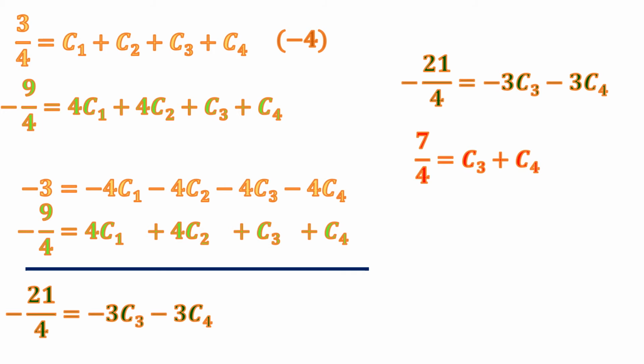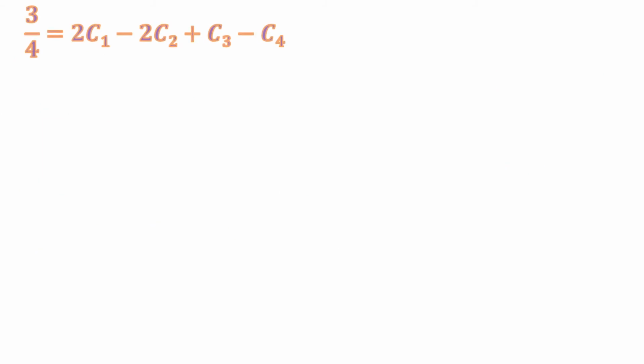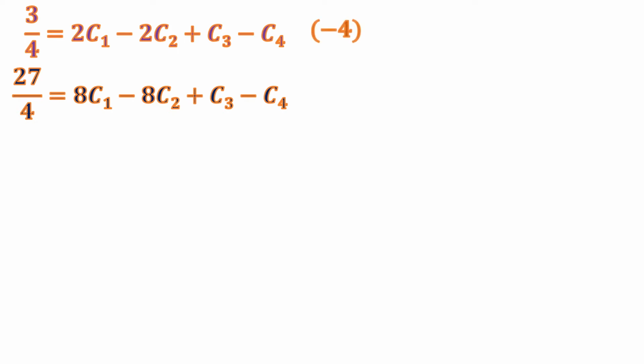Then we will use the violet and the blue ones, because they have the same signs of their constants. The c2 and c4 are negatives, c1 and c3 are positives. It's easier for us to cancel this. And I'll multiply this by -4 so that the c1 and c2 will be cancelled.